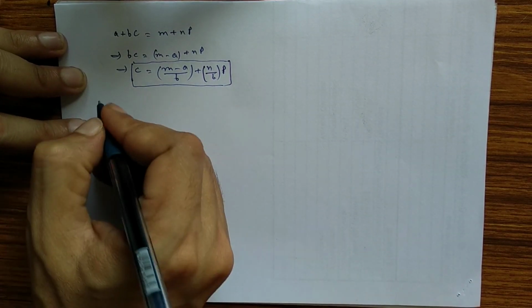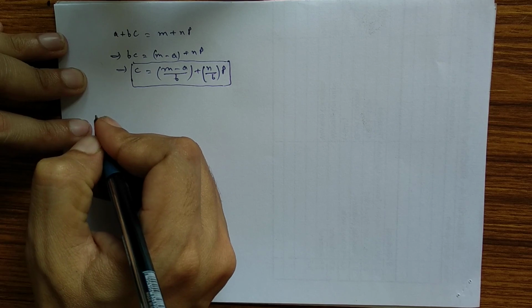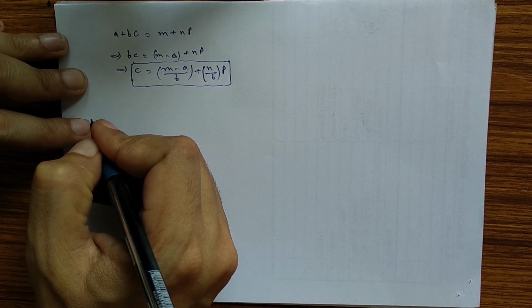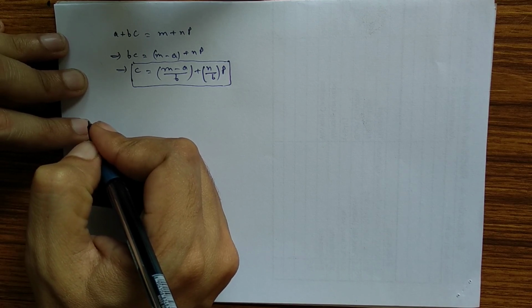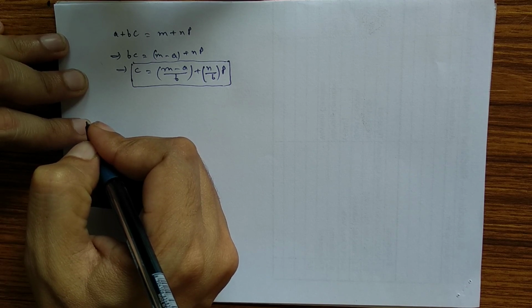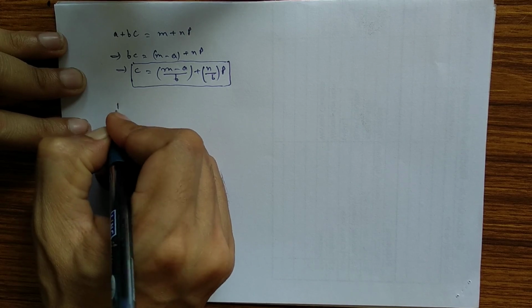So now, in the question, what was given? It was given that the boiling point of water is 100 P in the P scale and the freezing point is 300 P in the P scale.